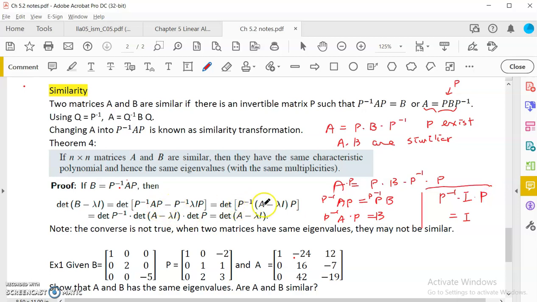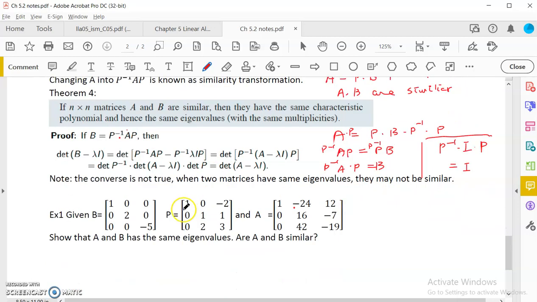And then you can factor P inverse and P out and factor A minus lambda I in the middle. Due to the property that the determinant of a product is the product of the determinants, we can split them into individual parts. The determinant of P and the determinant of P inverse cancel each other, because one is 1 over the determinant of P. So we have the determinant of A minus lambda I, which is the same characteristic equation.